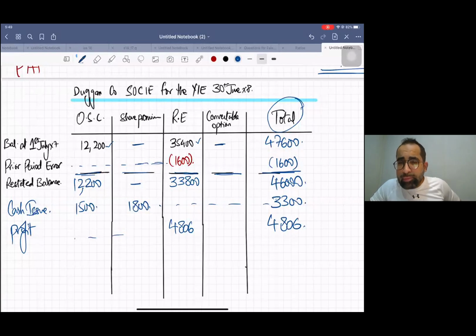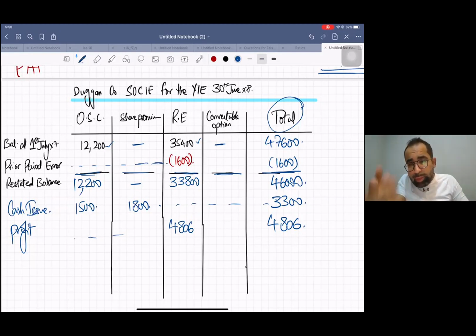Okay, then the fifth thing is the transfer entry. Sometimes, I hope you remember this entry: revaluation reserve debit and retained earnings credit, the transfer entry in IAS 16. No such revaluation in this question, so ignore it. And one last thing, sometimes it comes, is the convertible loan note. Yes, this year you issued a convertible loan note.